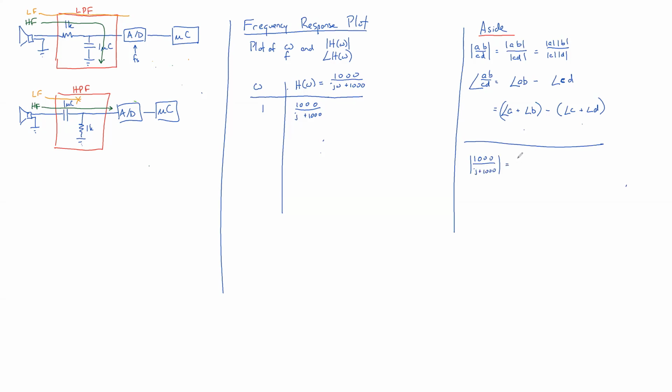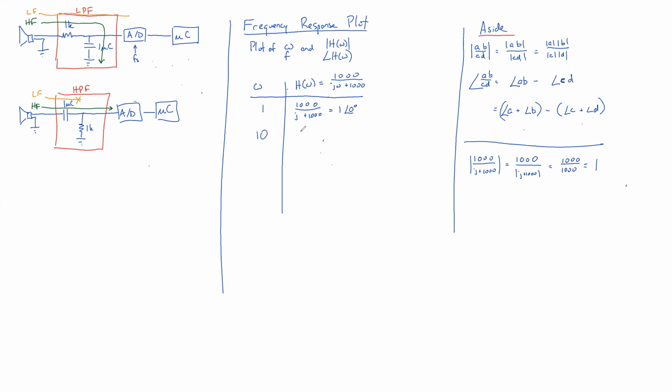It's going to be the magnitude of the numerator, which is a real number, divided by the magnitude of j plus 1,000. And we found that that's almost exactly equal to 1,000 when there's a big difference between the real part and the imaginary part. So this would be 1, and 1 has an angle of 0 degrees.